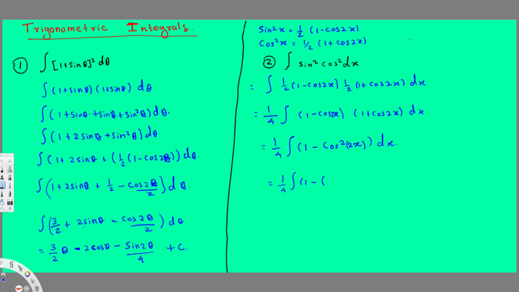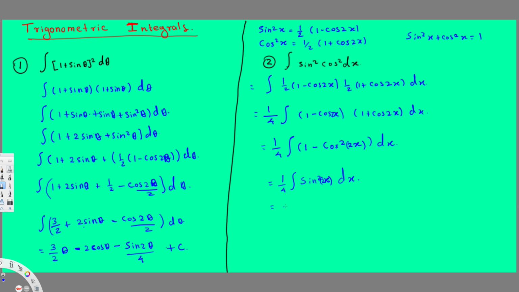One thing I can do right here: we know that sine square x plus cos square x is equal to 1, right? So here we have 1 minus cos square, so I can replace this with sine square 2x, and that makes everything simpler. So let's replace this with sine square 2x dx.